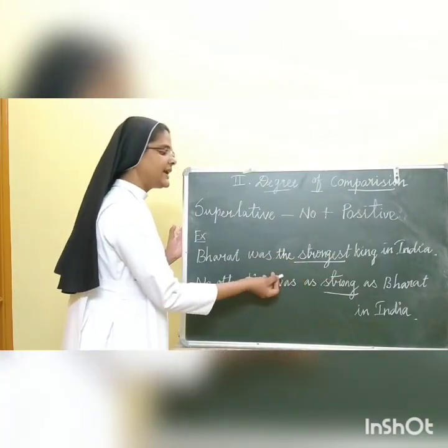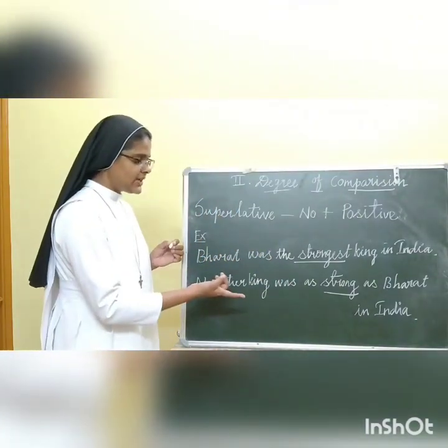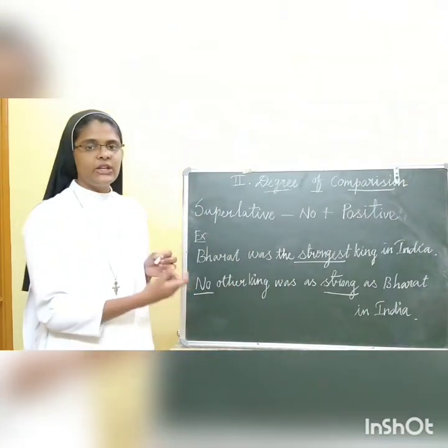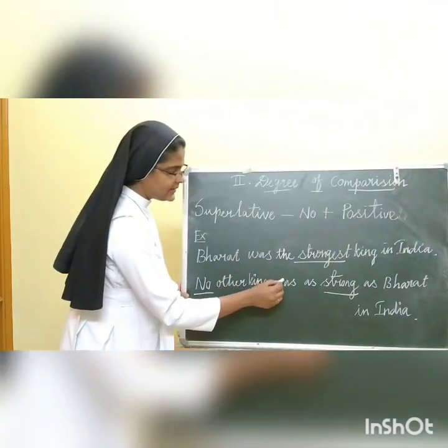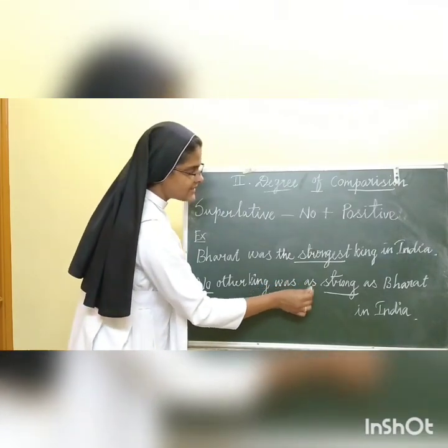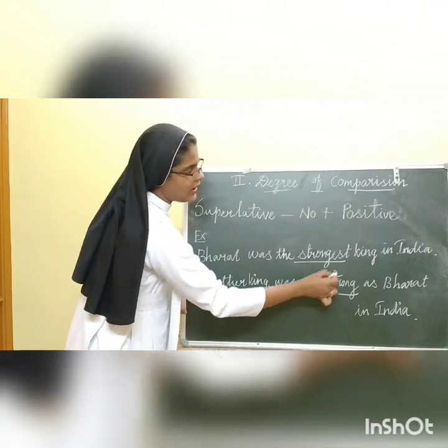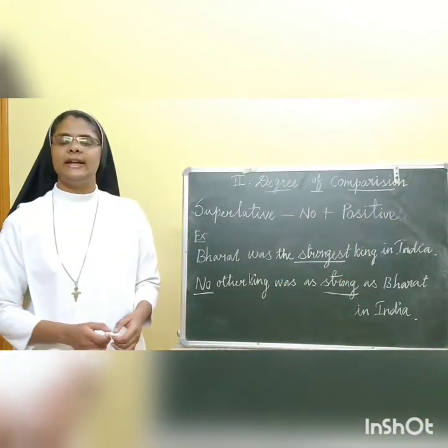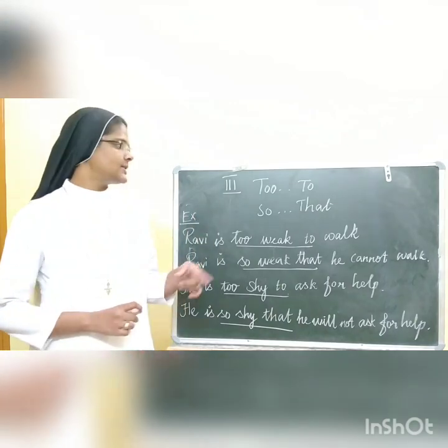The strongest is a superlative degree. Now we change this sentence into a negative sentence. We have to use no. No other king was as strong as Bharat in India. Strongest changes into the positive degree strong.